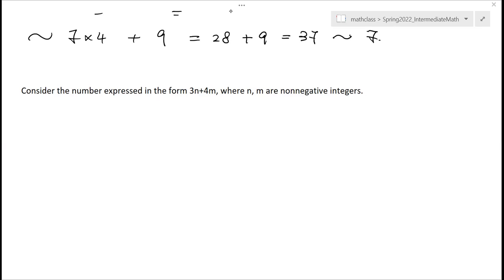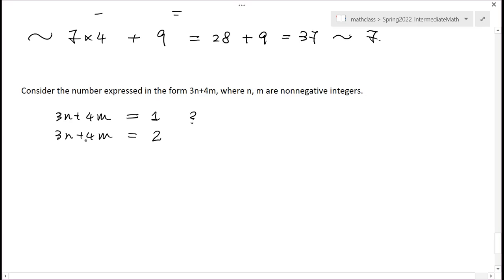I cannot express 1. There's no solution. It's impossible. I cannot make 2 either, because n and m must be non-negative integers.